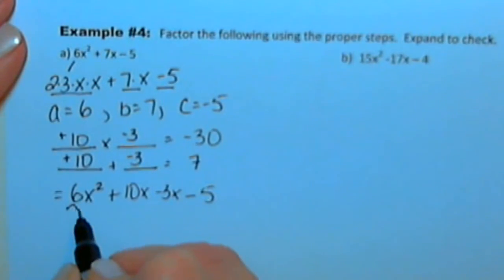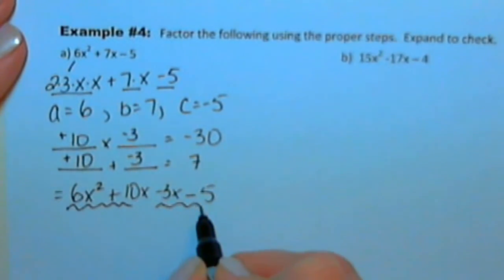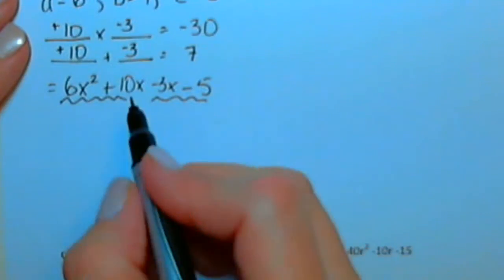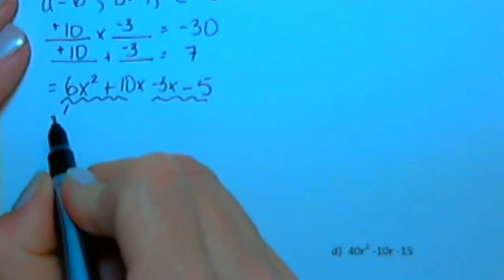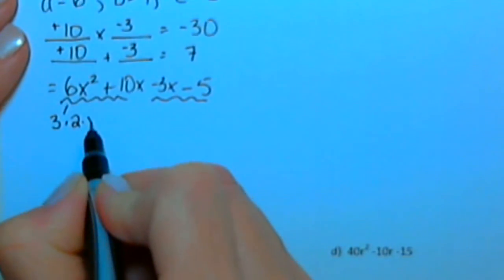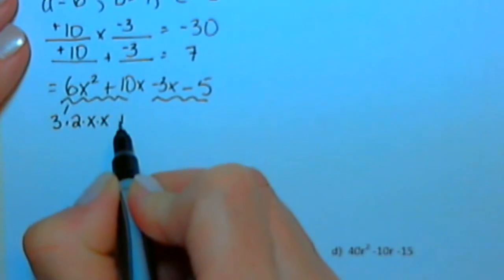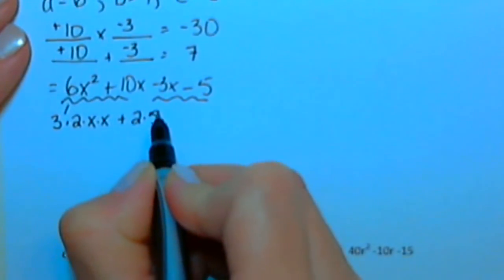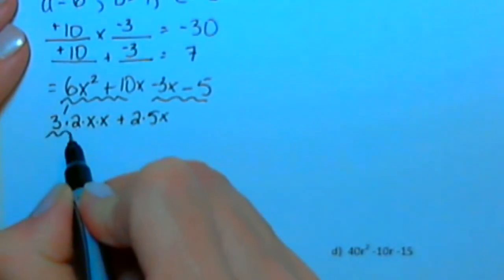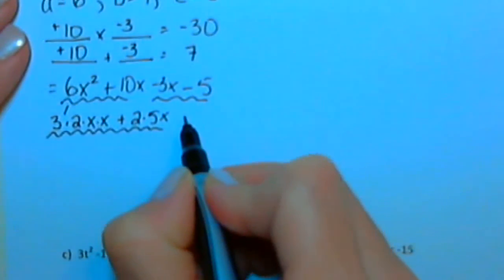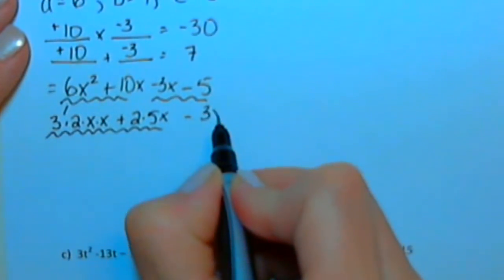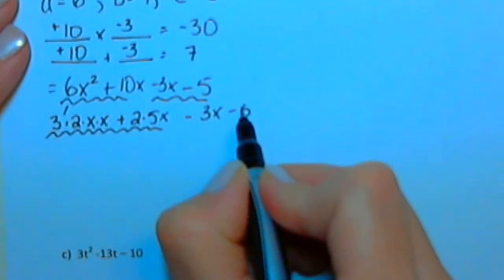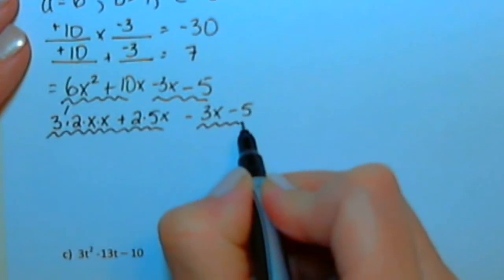Squiggly underline next, here and here. Break this down into our factors. 3 times 2 times x plus 2 times 5x. That's the first set. And then the minus 3x is done, minus 5 is done.